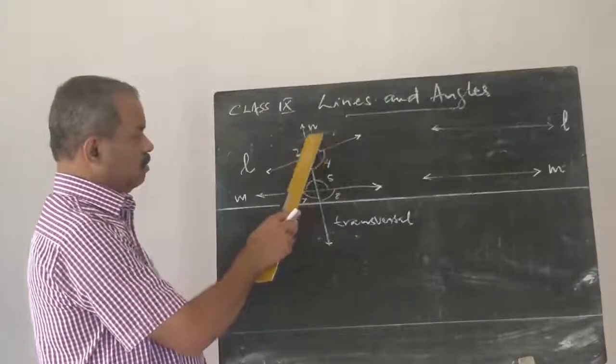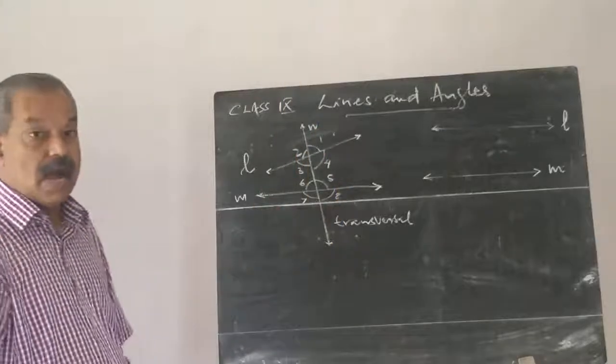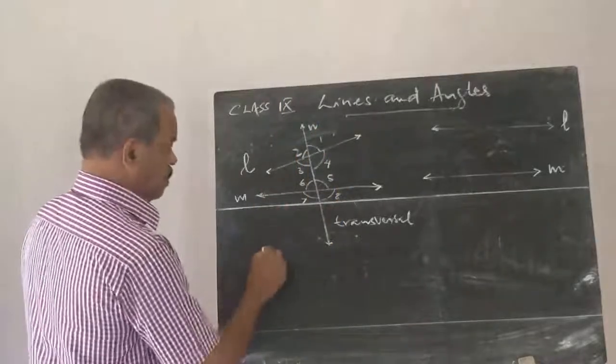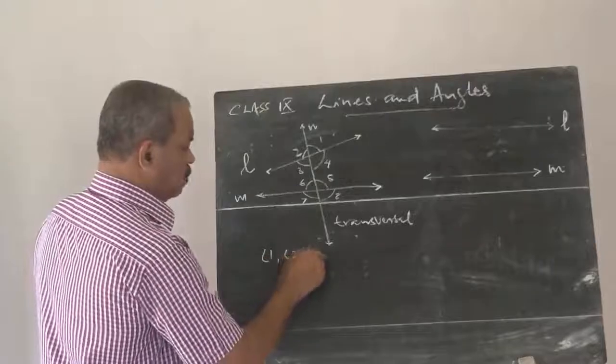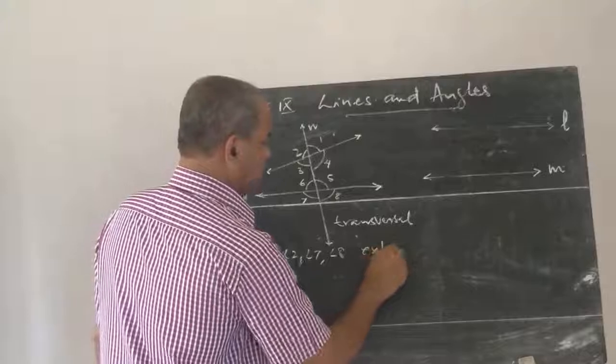Angle 1, angle 2, angle 7 and angle 8 are exterior angles.